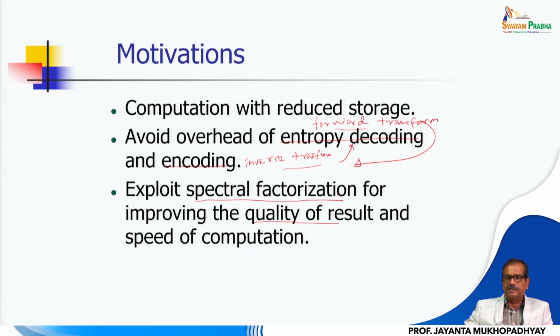You know the frequency band, so selectively you can enhance certain parts and suppress certain parts. Those kinds of operations are possible in the transform domain, which were not possible in the spatial domain. That is the advantage you have with compressed domain processing.